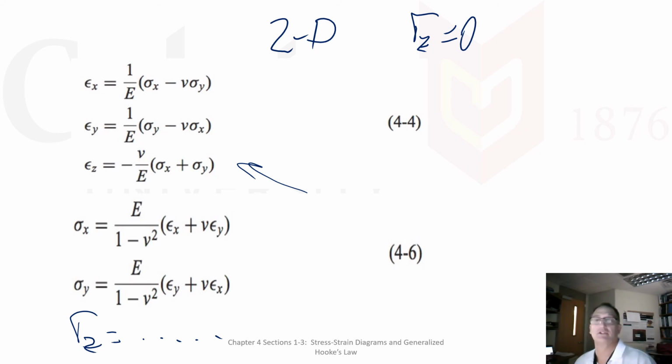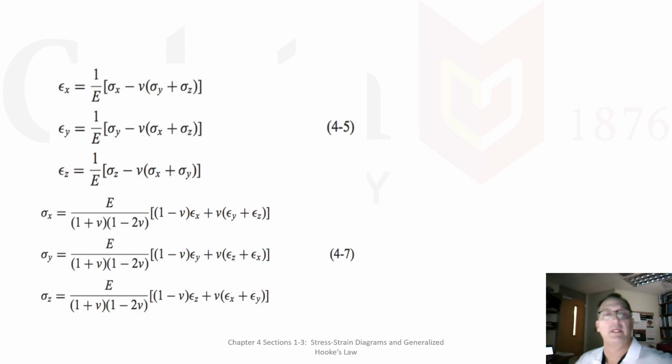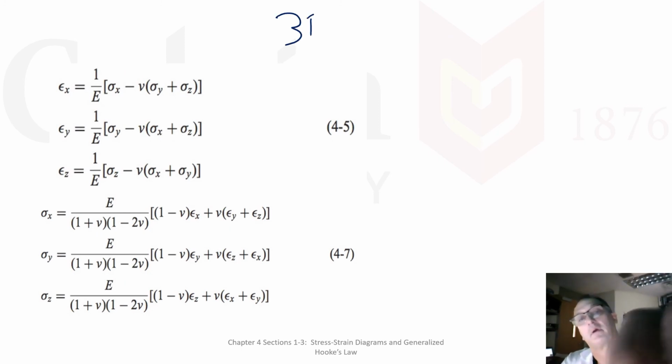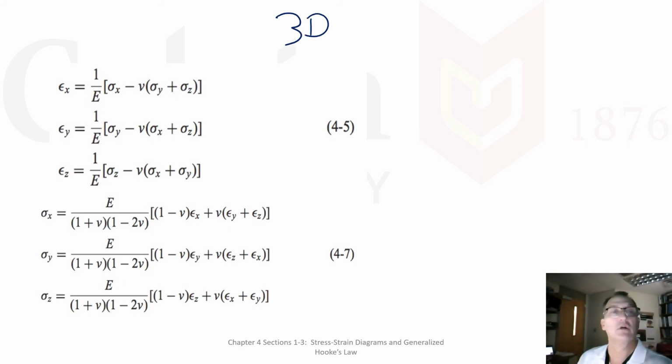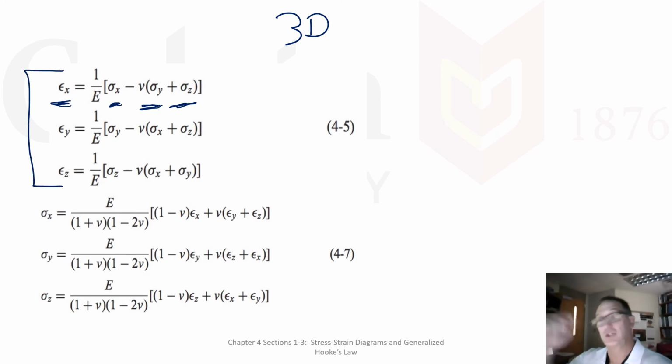The next equations, these are the 3D equations. And I'm going to say, really, these should look familiar. When we derived it, we had the strain in the X, which is a function of the stress in the X, and then Poisson's ratio related to the stresses in the Y and the Z. And those equations all line up. We're just changing out whether we're dealing with the X or the Y or the Z. What we didn't do is go through a bunch of math to rearrange those to get them into our stresses as a function of our strains.